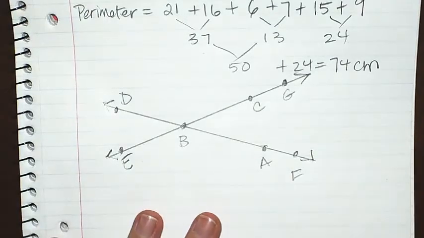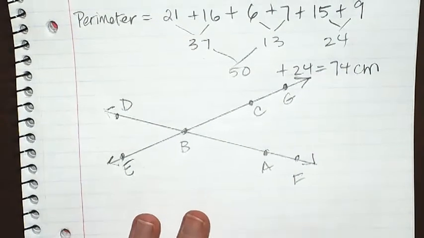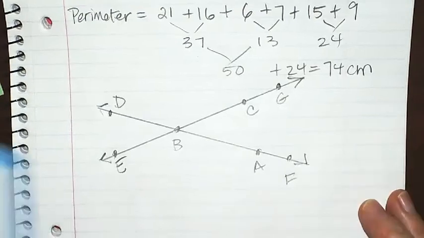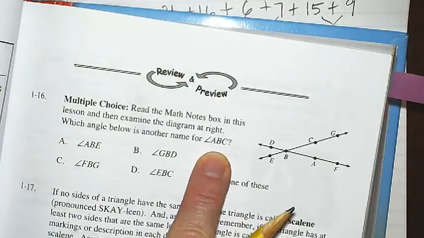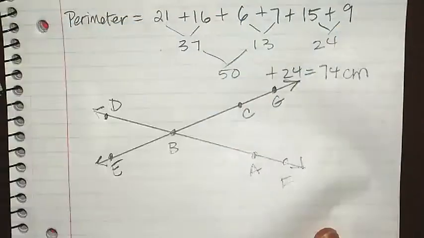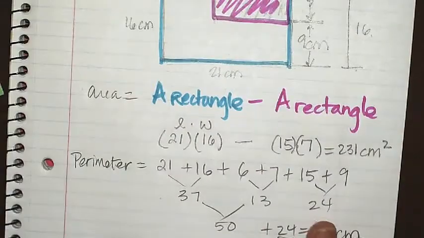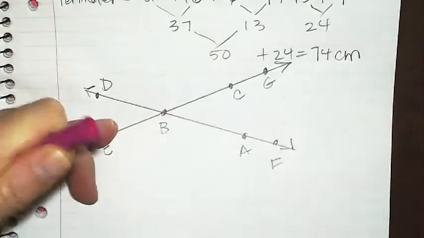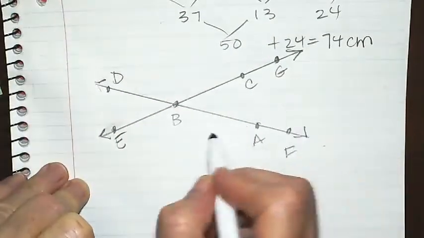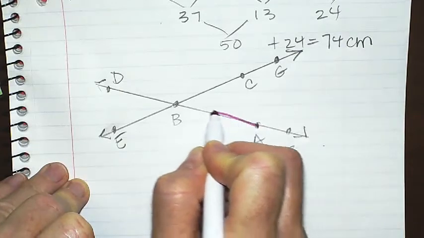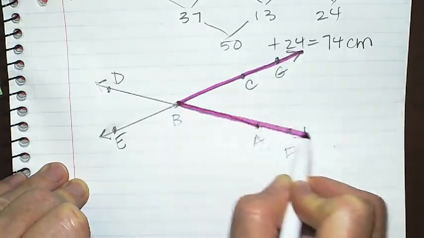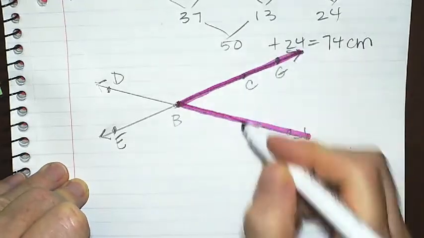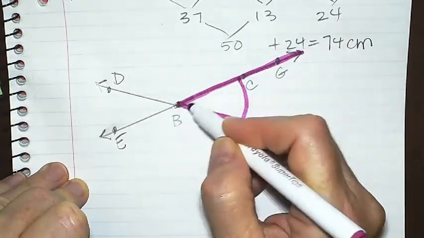Okay, so we've got this diagram, and the question says, which angle below is another name for angle ABC? Well, angle ABC is this angle right here.